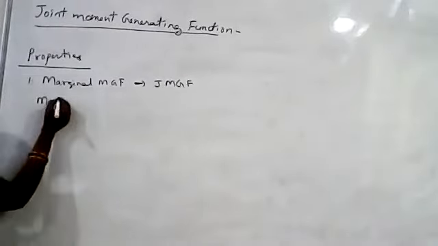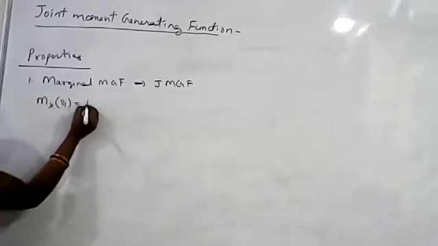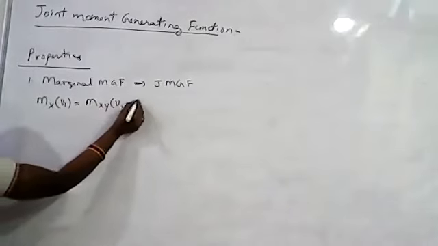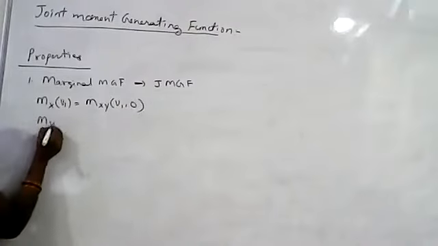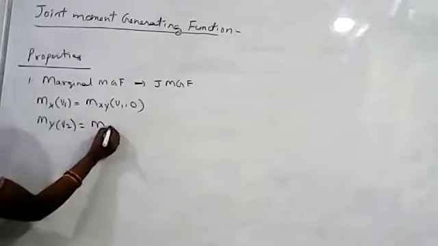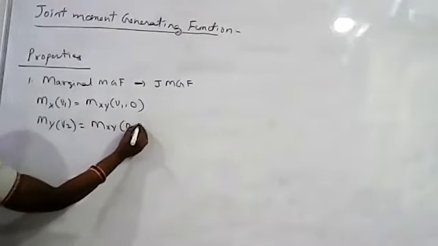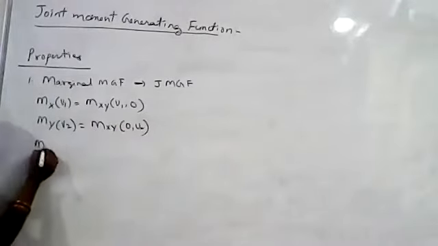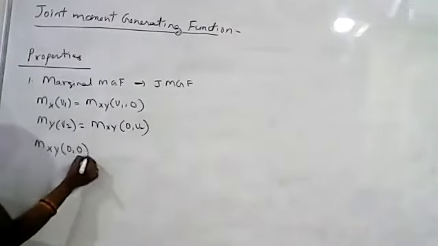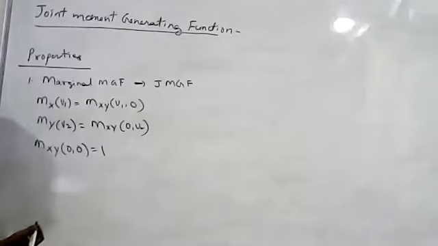M_X(v1) can be obtained from M_XY(v1, 0). Similarly, M_Y(v2) can be obtained from M_XY(0, v2). Similarly, we know that M_XY(0, 0) will be equal to 1. So this is the first property of the joint moment generating function.